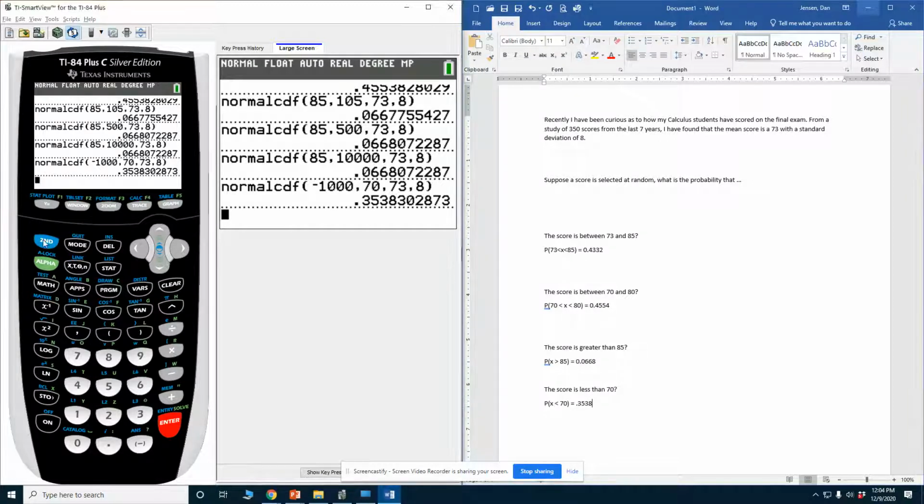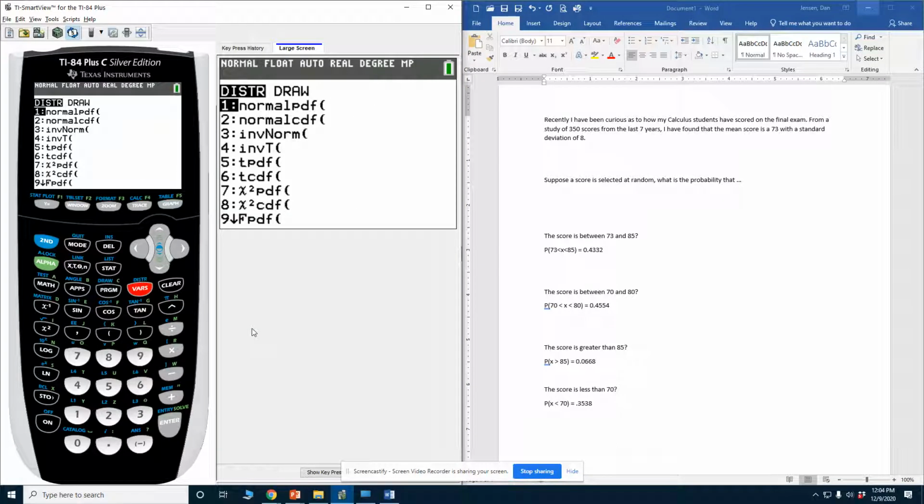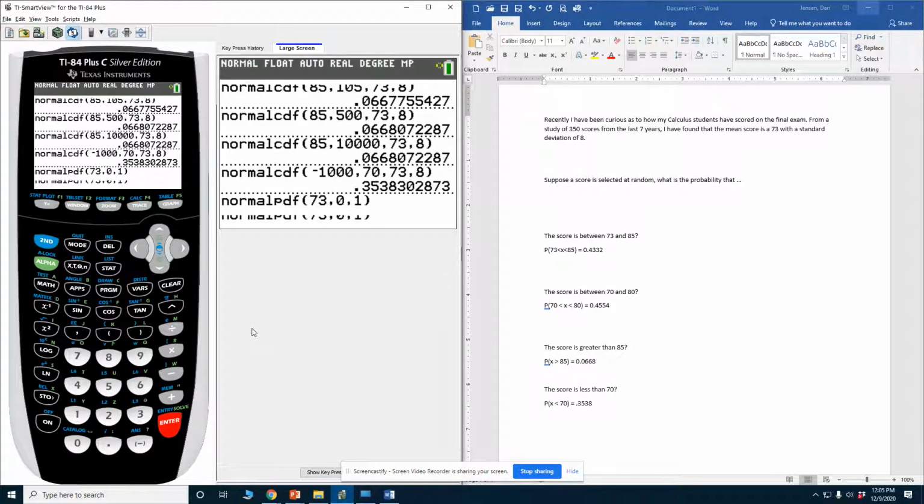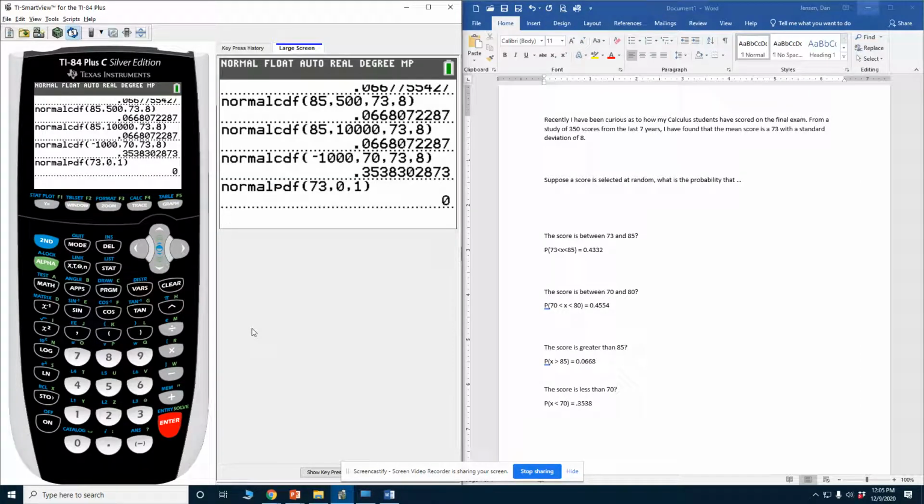Okay, so just a quick excursion into how to do normal CDF in the graphing calculator. I'm going to tack this on at the end of this video. I will mention this in class, and every time I talk about it, you notice that the normal PDF is there. That really doesn't make a whole lot of sense, to say what's the probability that x is exactly 73. Okay, I never use this, and I don't want you to use this because really that normal PDF, that it's exactly 73, it doesn't happen.